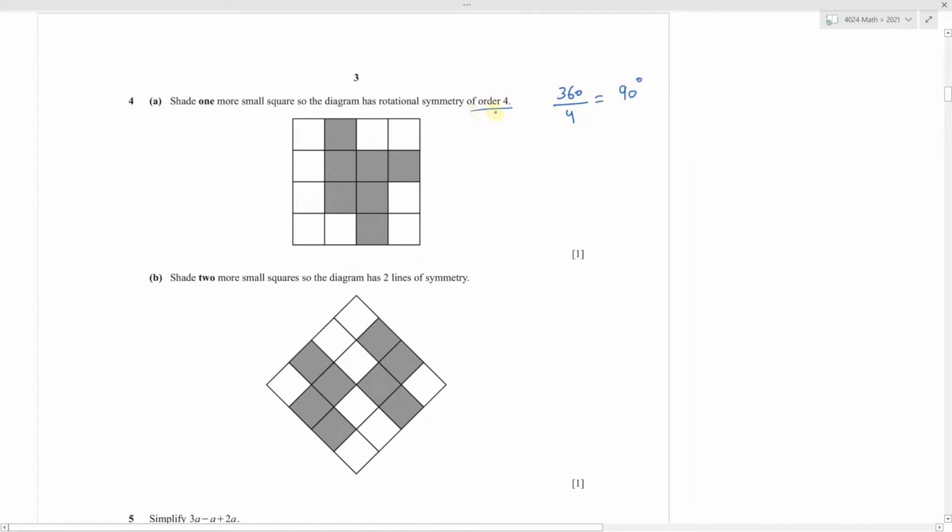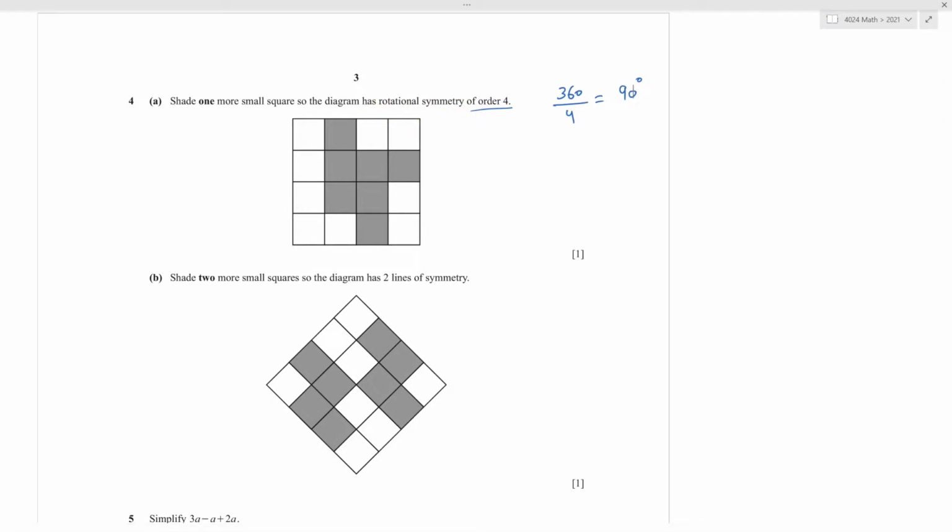Rotational symmetry of order 4 means if you rotate this diagram a full 360 degrees, every 90 degrees you should get the exact same shape. So at 90 degrees, then at 180 degrees, then 270, and then back to 360, you will get the exact same shape. So you have to shade one small square so that the diagram has rotational symmetry of order 4.